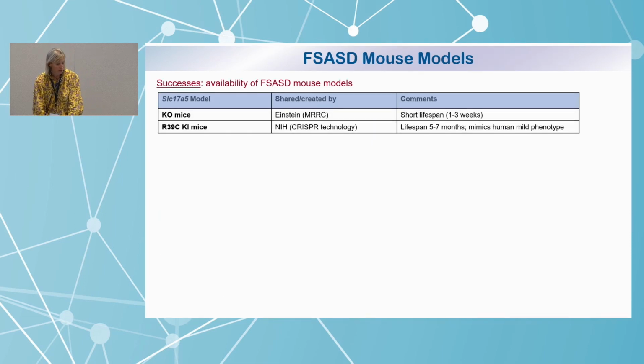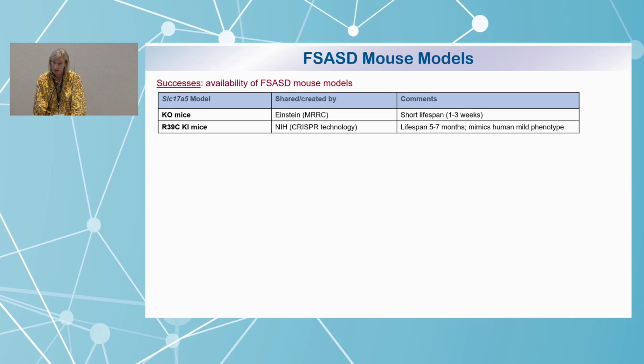So then regarding mouse models, a knockout mouse model has been available for quite a while and has been described in the literature. It's currently being studied at the Einstein Medical Center, and it's also available through the MRRC repository. This mouse model has a short lifespan, 1 to 3 weeks after birth.